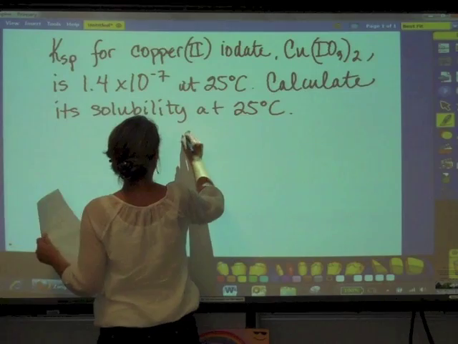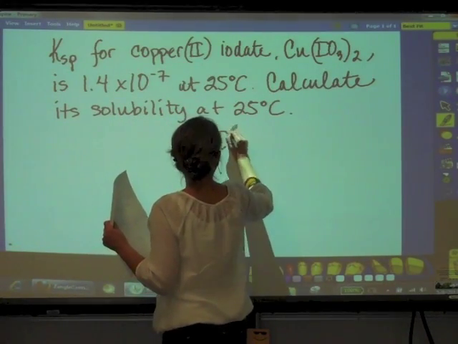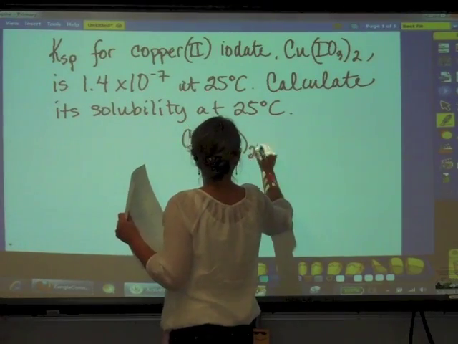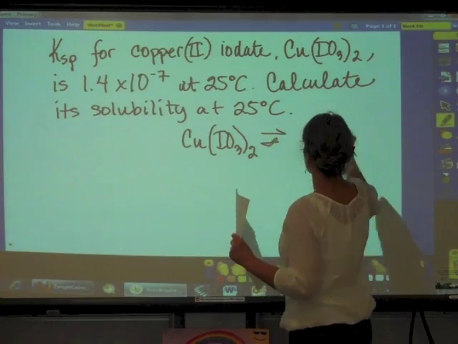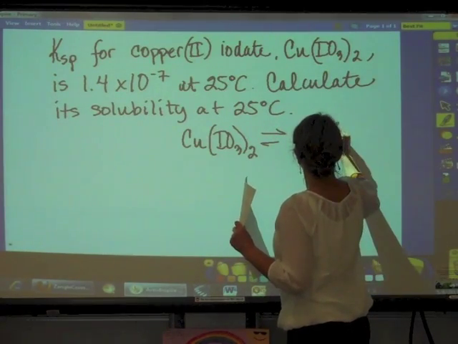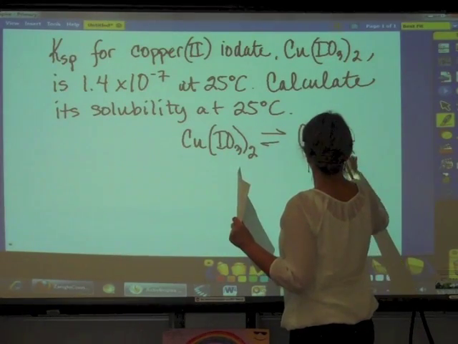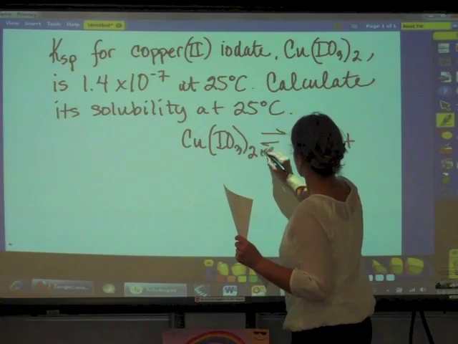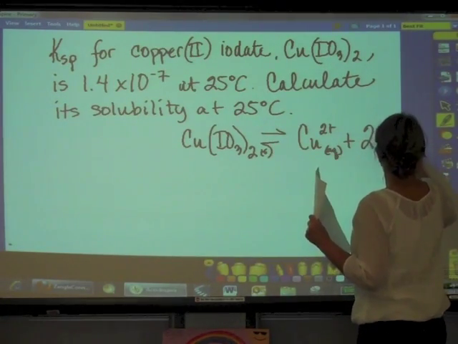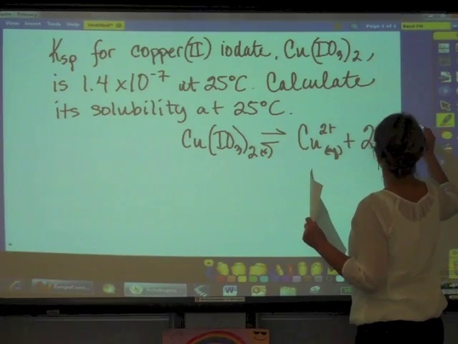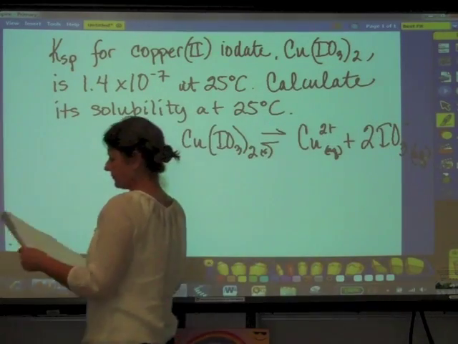So we've got Cu(IO3)2, copper(II) iodate, a solid, going to Cu2+ plus, and this is aqueous, 2 iodates, and those are -1 charge, and that's aqueous. Okay, so there it is.